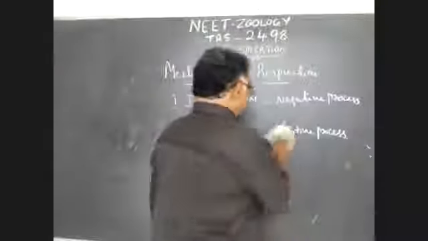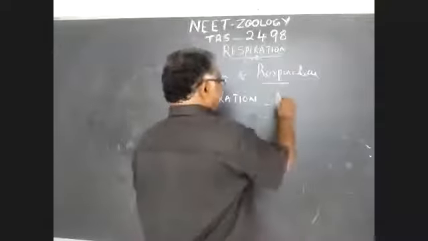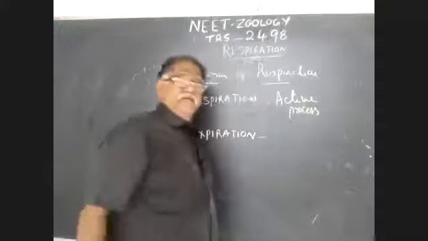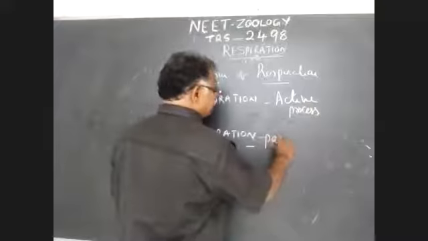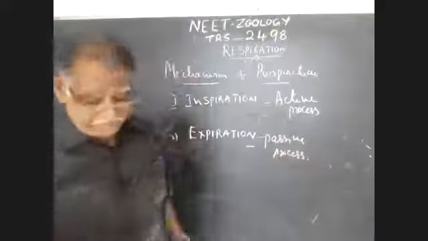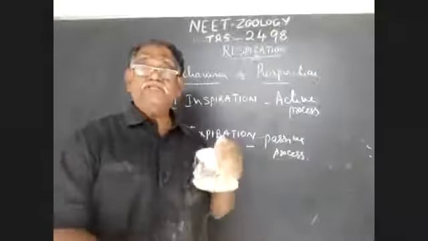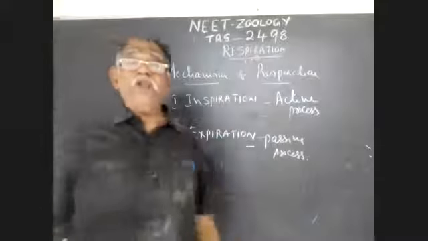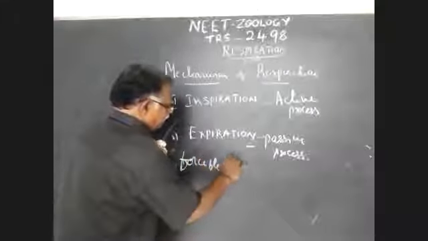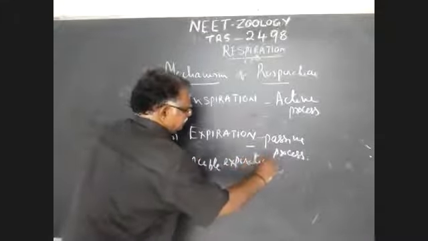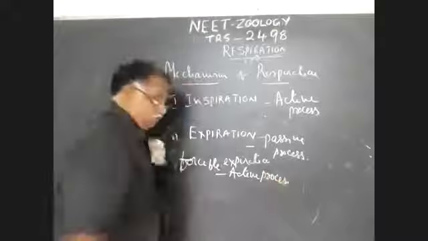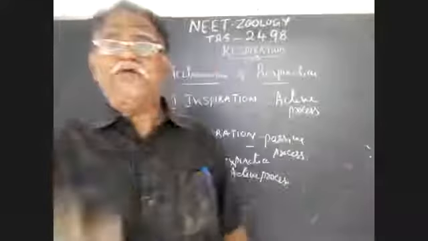Next, inspiration is an active process where energy is required. Expiration is a passive process where energy is not required. Sometimes we exert forcible expiration, which is an active process.